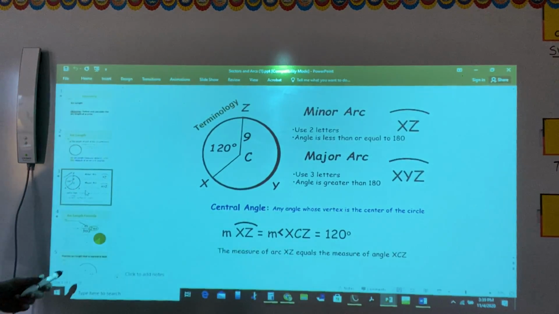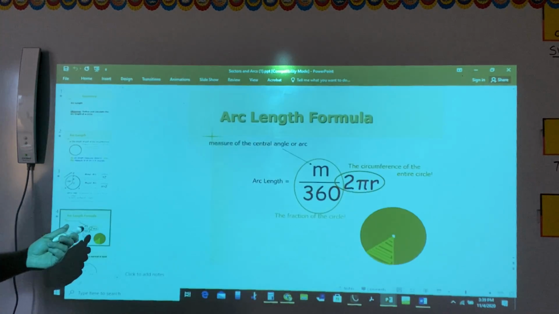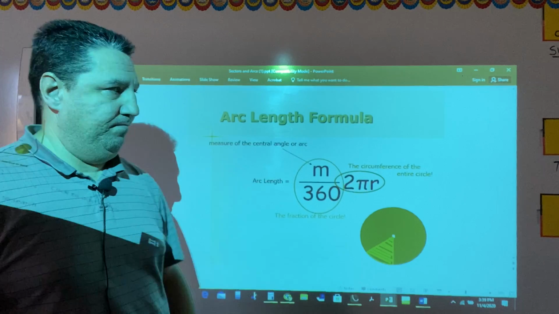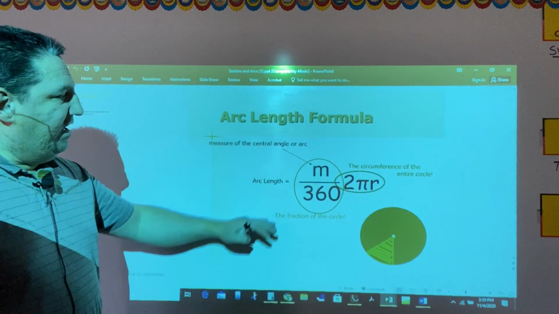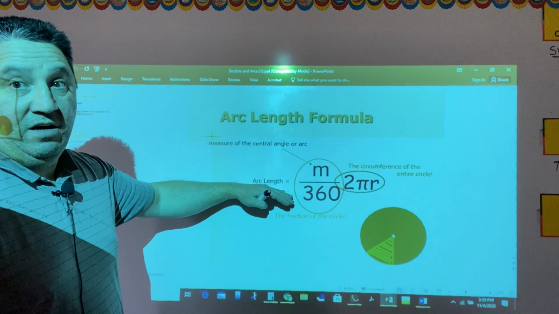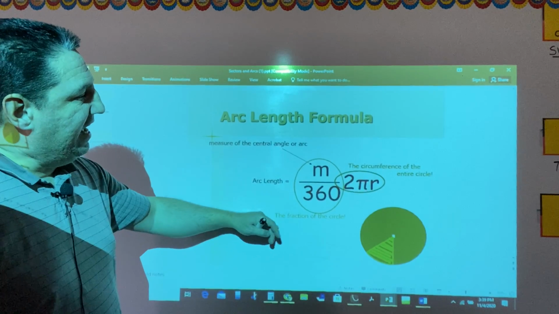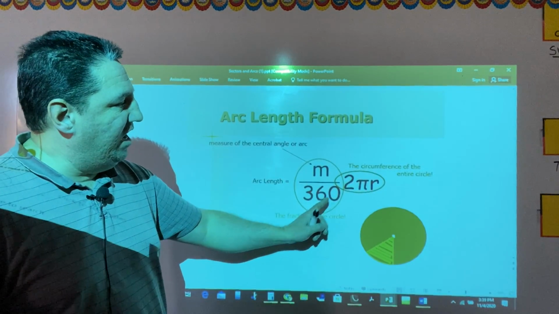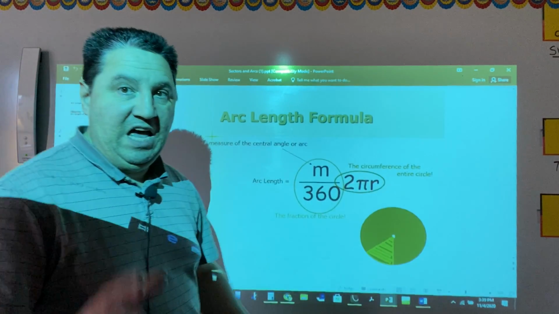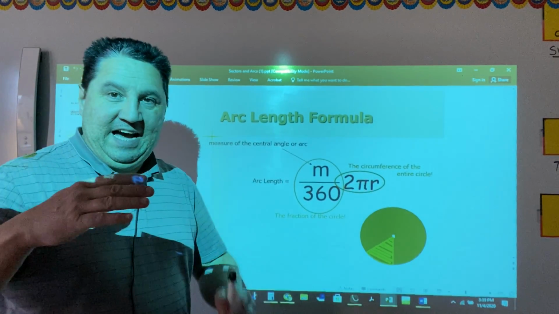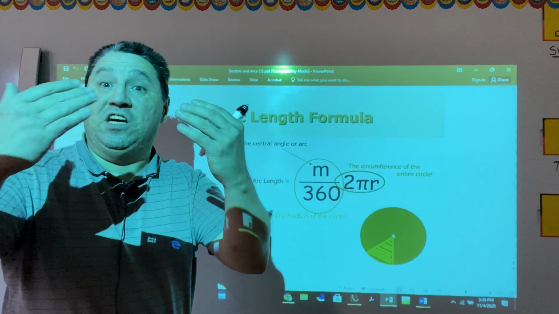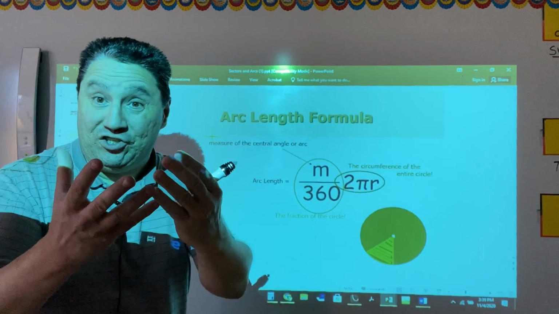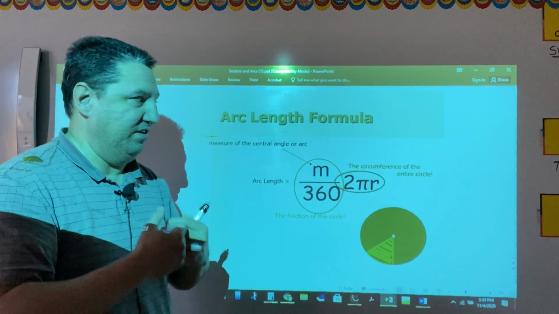Now, let's talk about the arc length formula. The arc length of a circle is given by this formula, m over 360 times 2 pi r. Remember, I told you, an arc length is a portion, a part of, or a fraction of the circumference.